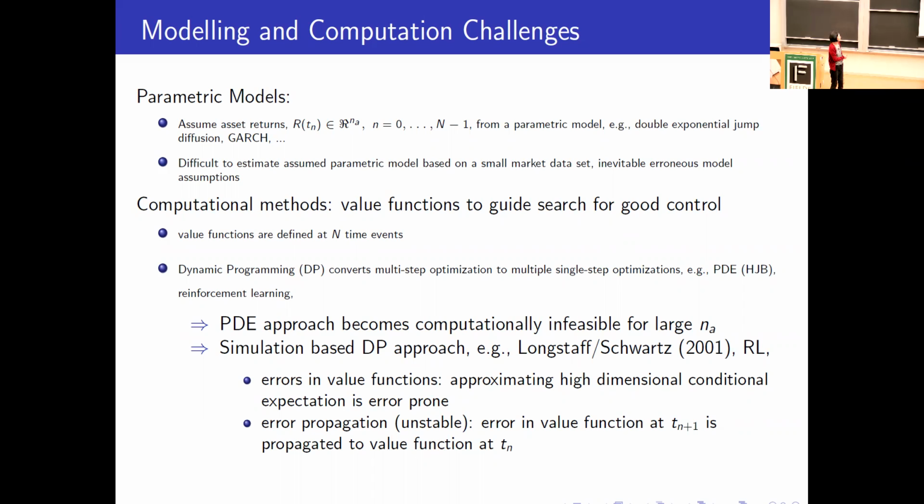The difficulty with this type of approach, and in fact some of the reinforcement learning methods fall into this category as well, is that it is based on simulation but uses dynamic programming to help find the optimal decision. As you can imagine, if it's a multi-step approach, you have value functions that are approximated, and there's a potential error back-propagation issue. So stability becomes one of the problems, right?